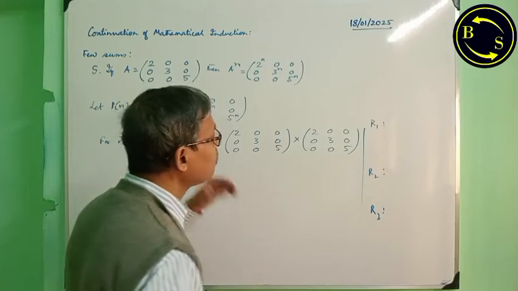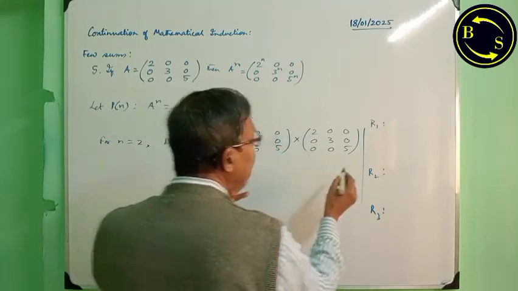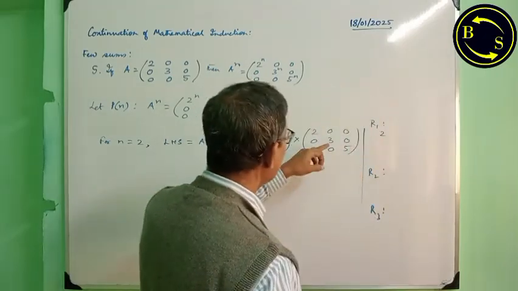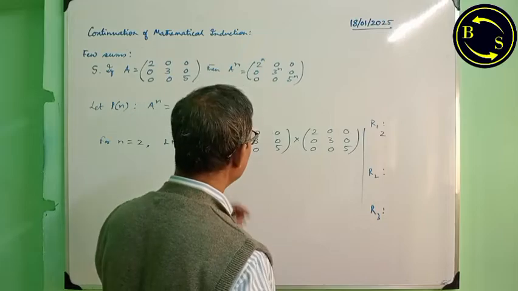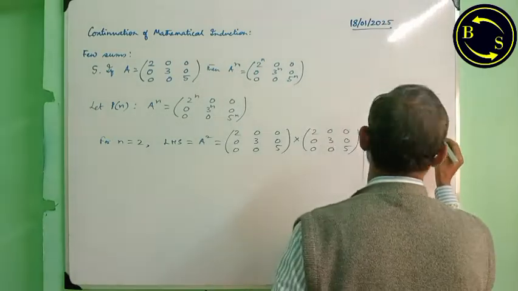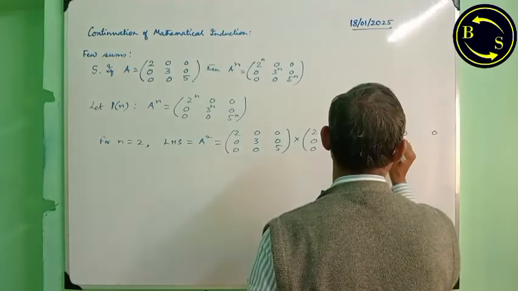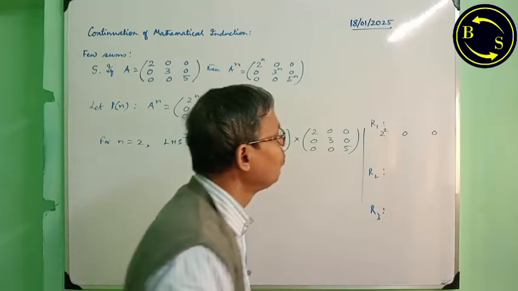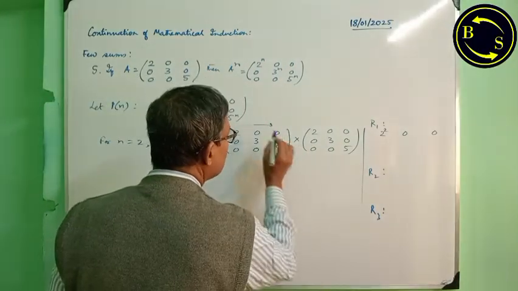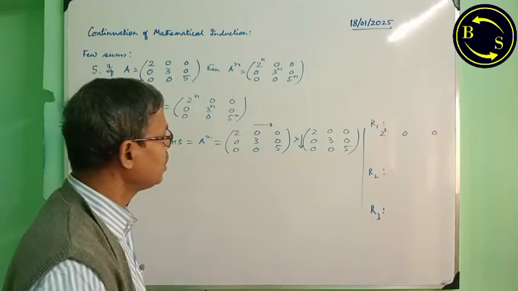For first row, first element will be 2 into 2, others are 0. Therefore, 2 square. Then for the second element, that will be 0, and third element will also be 0. We use row column wise multiplication.